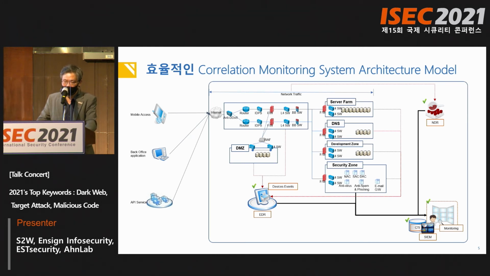When you have this kind of solution, you can manage the endpoint and infrastructure, and monitor them. If threats exist, you need to take response. You collect this kind of intelligence data, and it is called the NDR in this slide. And for all network traffic, you need to identify what kind of threat exists.